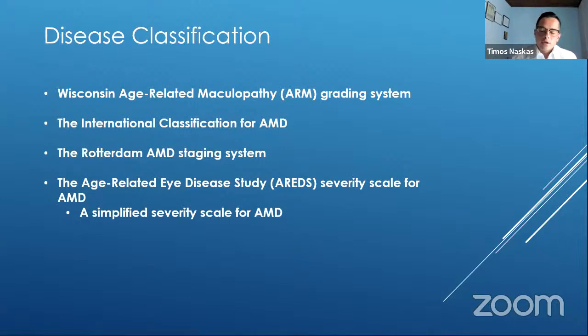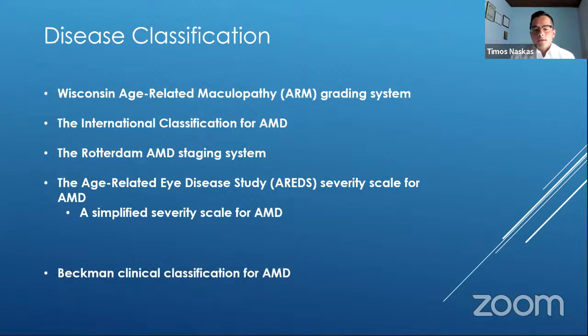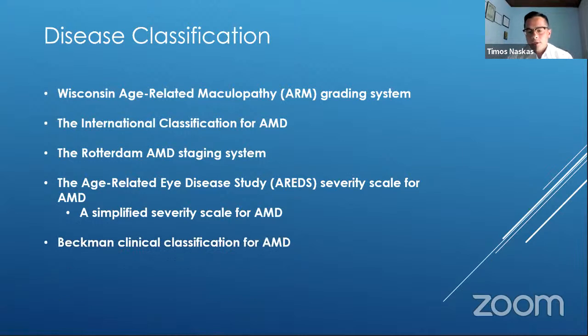And one additional classification system, which was well developed and quite, let's say, famous, is the Beckman clinical classification system. Again, this also takes into consideration drusen size and also uses fundus photography, but it is much simpler in its application. It requires both basic clinical knowledge and clinical equipment as well.